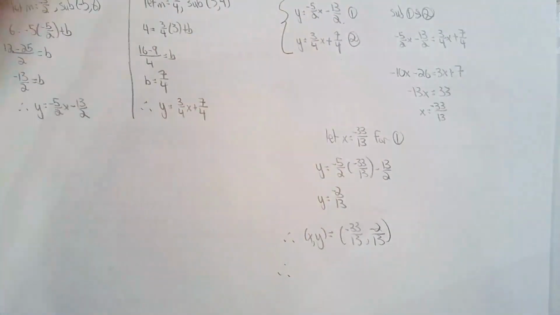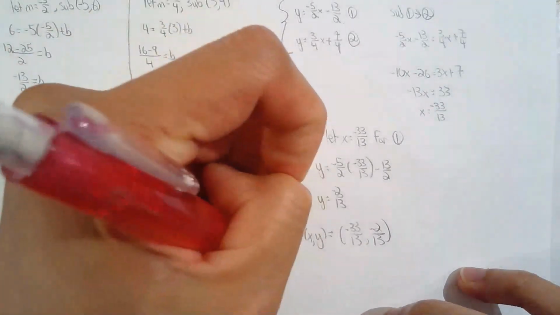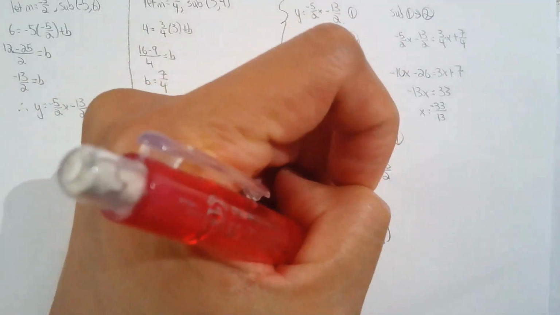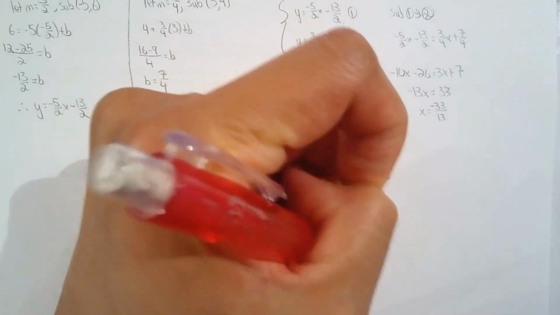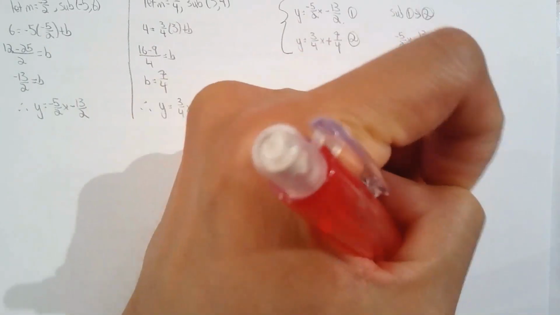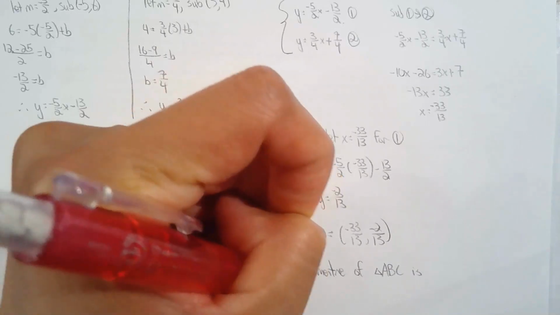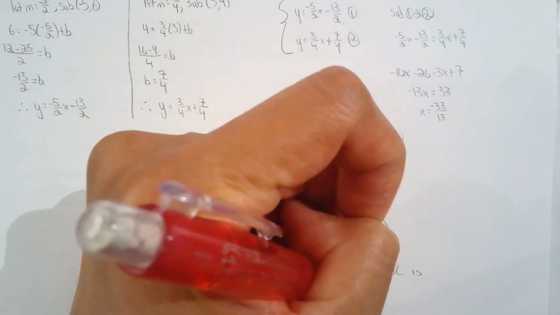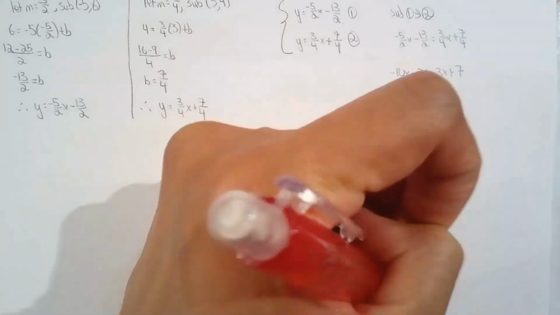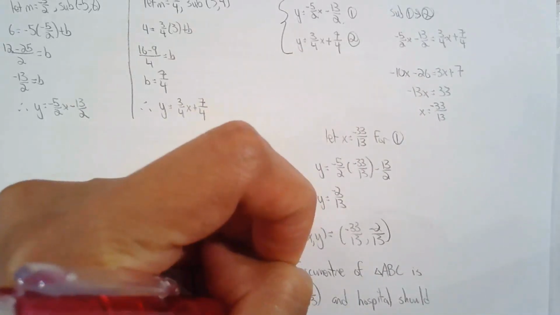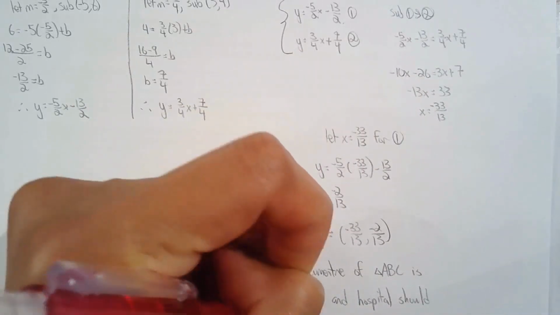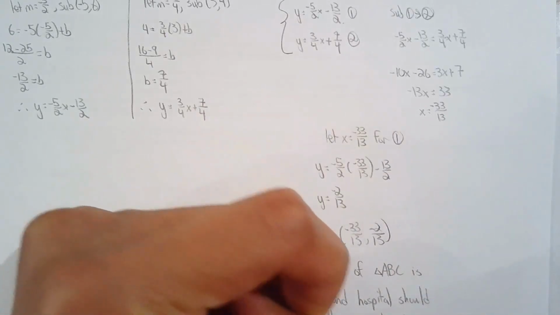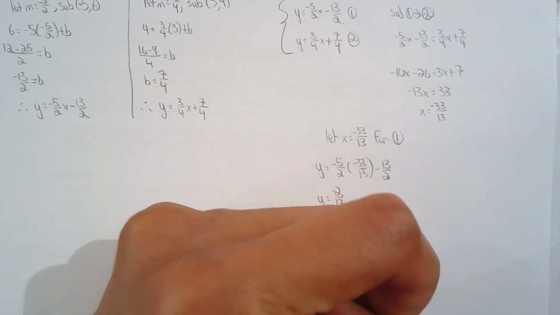Therefore, the circumcentre of triangle ABC is negative 33/13, negative 2/13. And the hospital should be built there in order to be equidistant from all three towns.